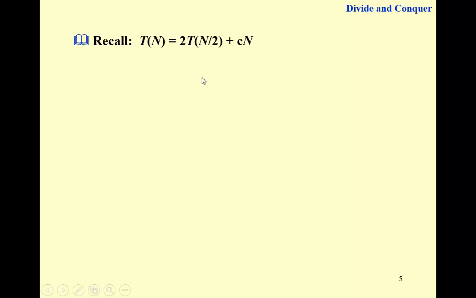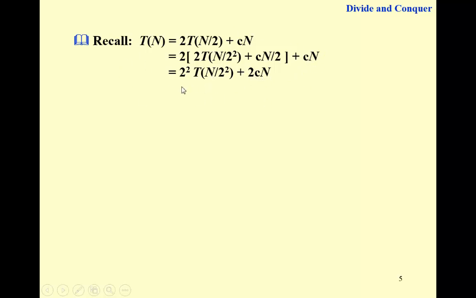And if we have this equation, then every time we can replace n on both sides by half of n, and we obtain a function of t of half of n, and plug that expression back into the right-hand side. We obtain this one. And simplify it, we have 2 squared times t of a quarter of n plus 2 times the constant times n.